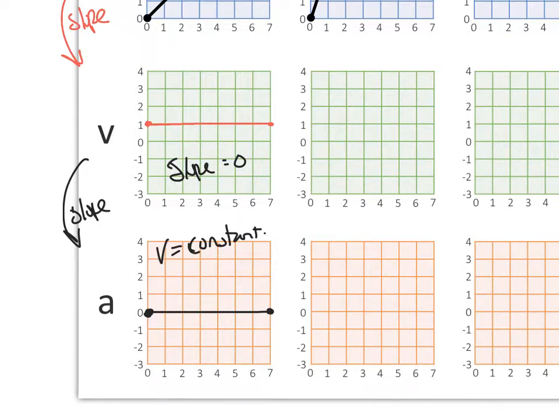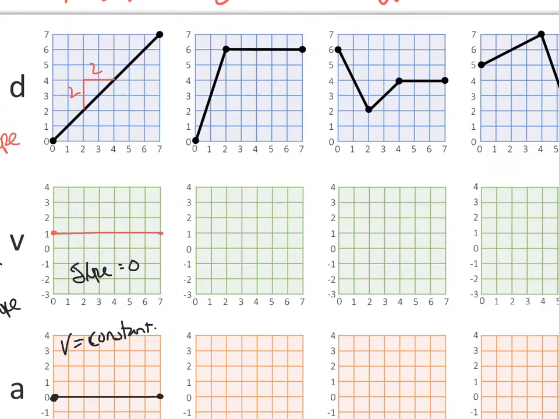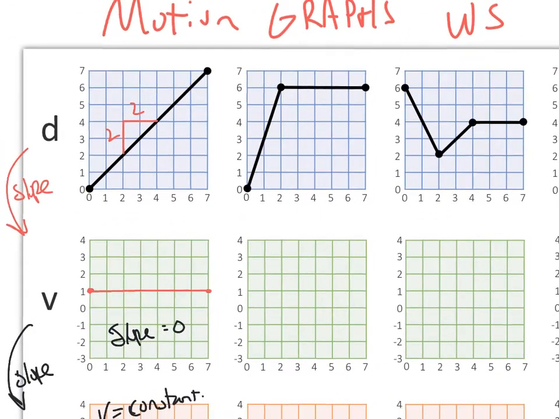Okay, let's take a look at one more, and I'm going to take a look at this example here right next to it, where we have two sections. We have two different intervals that we're going to be taking a look at. The interval starts at time 0 and ends at time 2, and the second interval starts at time 2 and ends at time 7. Okay, so I'm going to want to find the slope of each one.